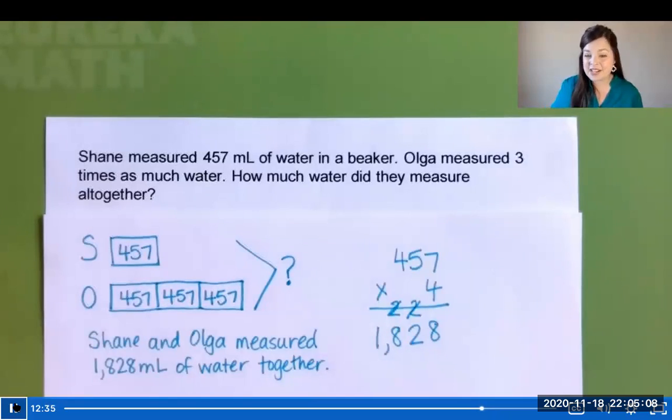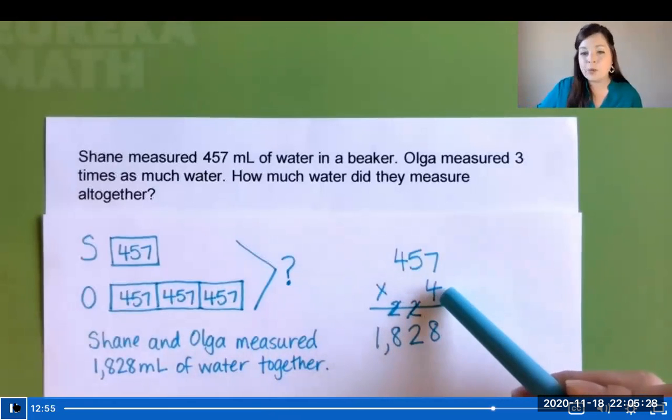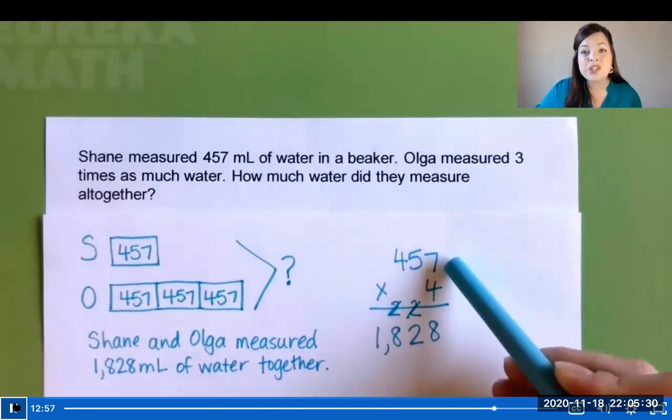Welcome back. Did you find that Shane and Olga measured 1,828 milliliters of water together? Let's talk through how we used the standard algorithm to solve 4 times 457. First, in the ones place, we multiplied 4 times 7 ones, which is 28 ones.